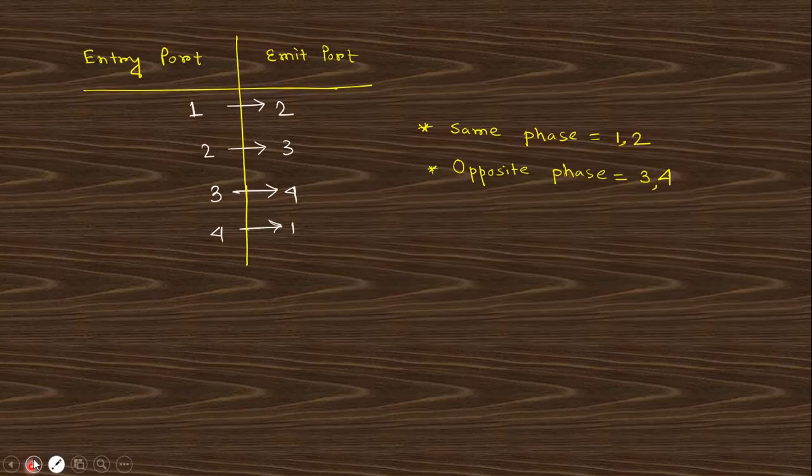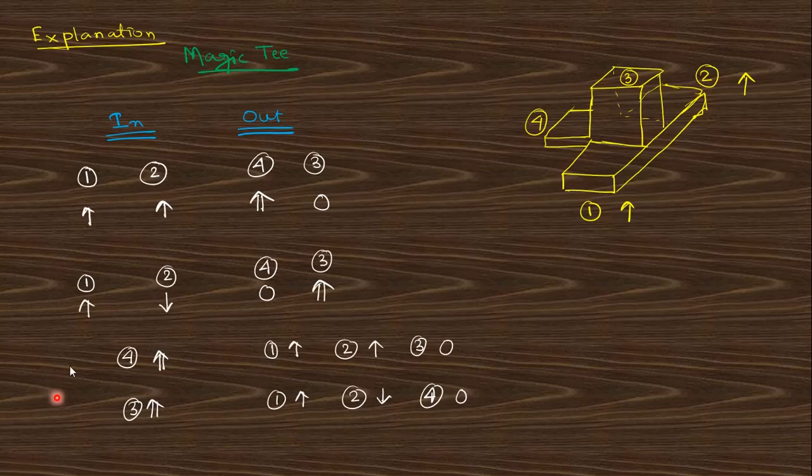To see how this behaves, you need to remember the magic tee, which was already covered in the previous lecture. When two inputs from 1 and 2 are in the same phase, the output goes to 4 and the output from 3 is 0.